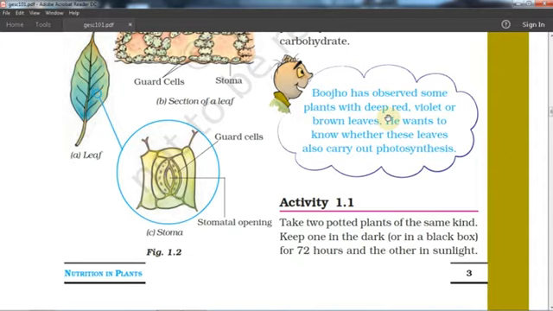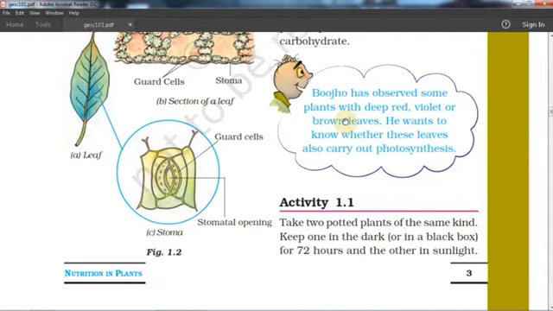So whether the maple plant does photosynthesis or not, this can be a question. But the answer to all these questions is yes, they all do photosynthesis, whether the leaves are deep red or violet or brown, it doesn't matter, because chlorophyll is the essential element in all the plants.